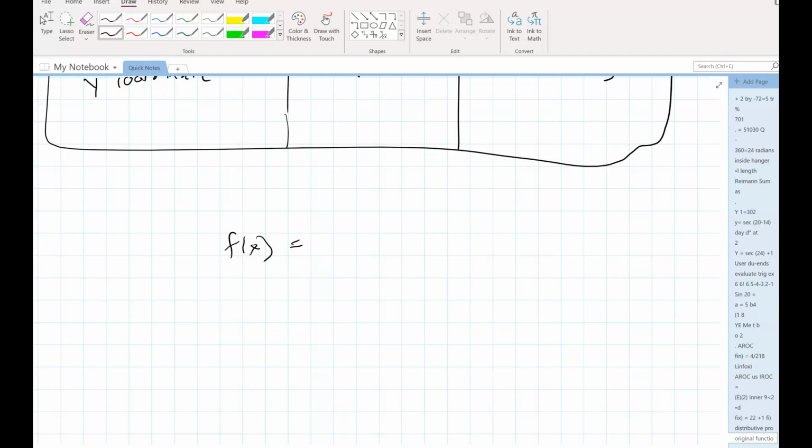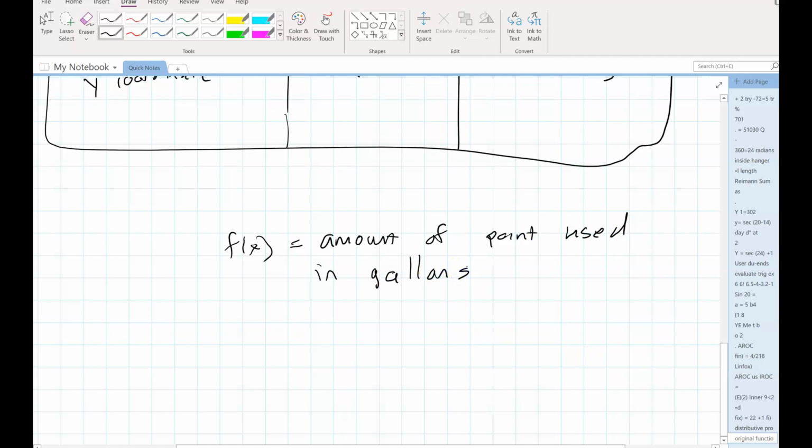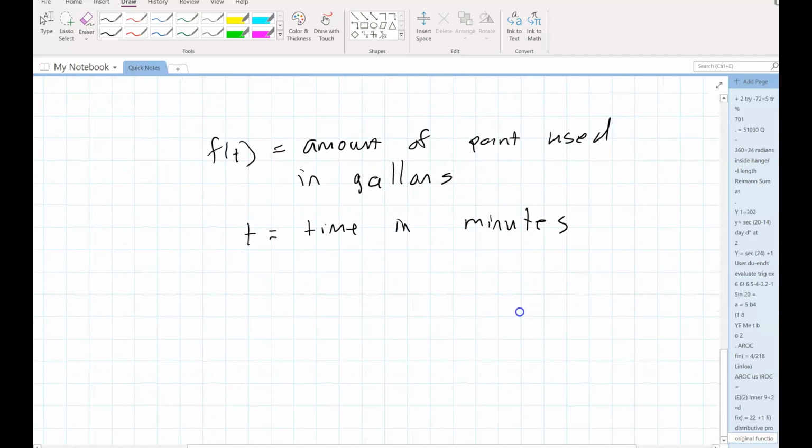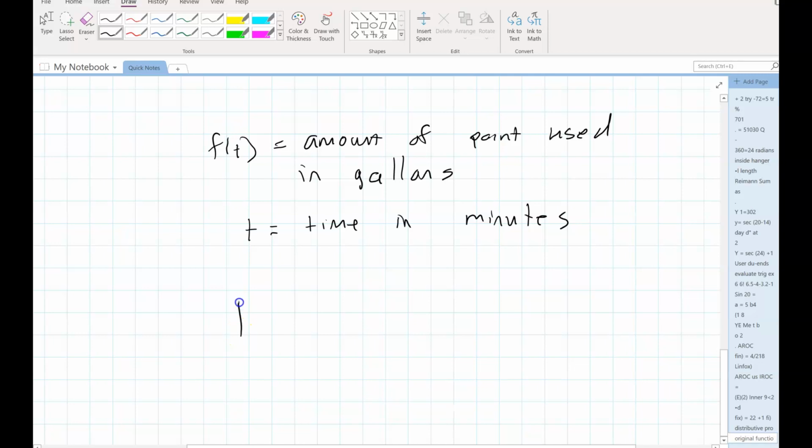Let's say f of x gives me the amount of paint used in gallons. And let's say that, instead of f of x, let's go with f of t, because we're going to say that t is time in minutes. So the original function, you plug in a unit of time in minutes, and you get out the amount of paint used in gallons. Okay, so then the question would be, what is f prime of t then?